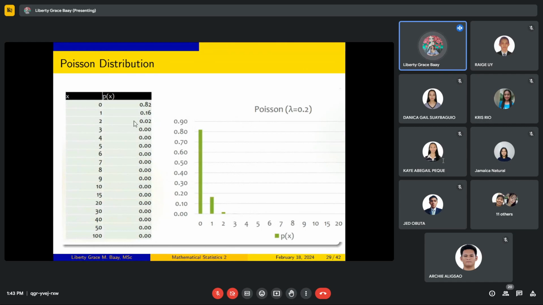Then 0.02. As you notice, class, as x increases, the probability approaches 0. This happens when the mean of the Poisson is equal to 0.2.